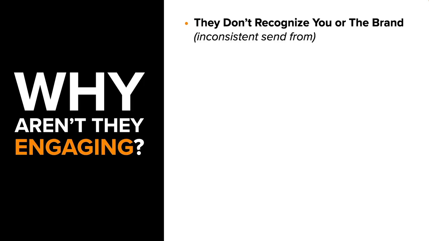But first, let's talk about how we can proactively seek to avoid people becoming unengaged with your email. So here are the reasons why people aren't engaging with your list. First, they don't recognize you or the brand, right? This happens when you have inconsistent send from names or addresses. People need to recognize you in the inbox.